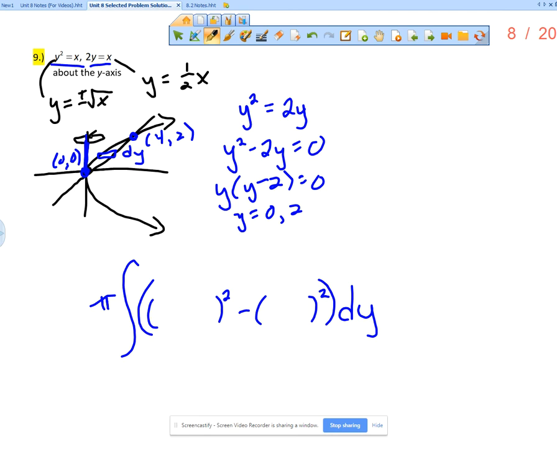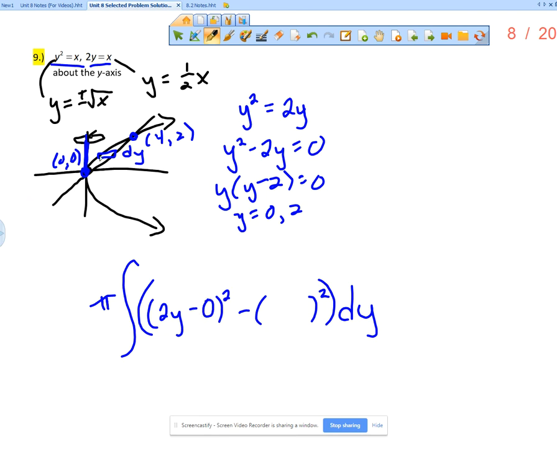Now I have the first set of parentheses, the big R. That is the distance that the further boundary is from the axis of rotation. So how do I find the distance that this line is from the axis of rotation? I take the right-hand thing, which is the line, so that would be 2y, and I subtract the left-hand thing, which is the axis of rotation, which is 0. And then I'm squaring that.